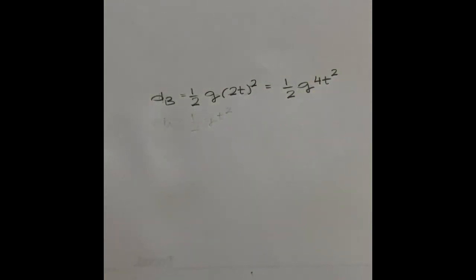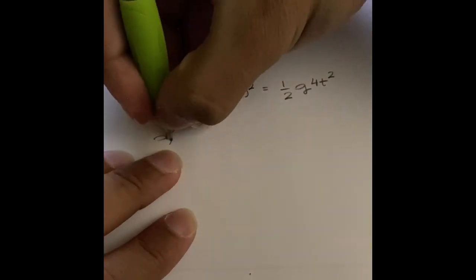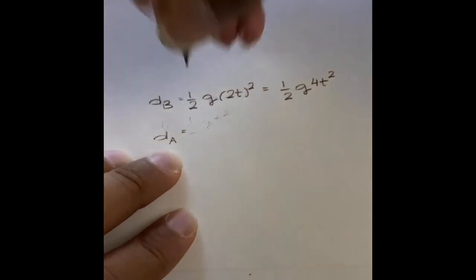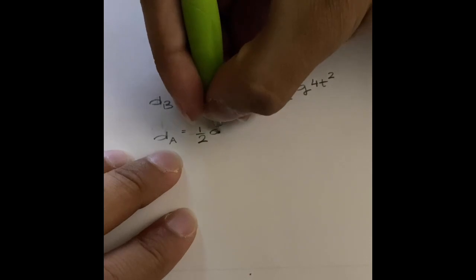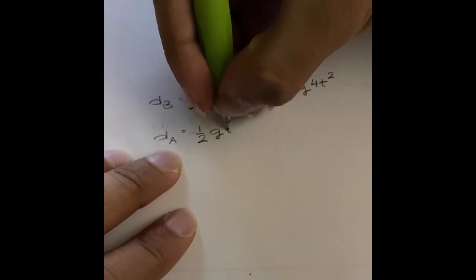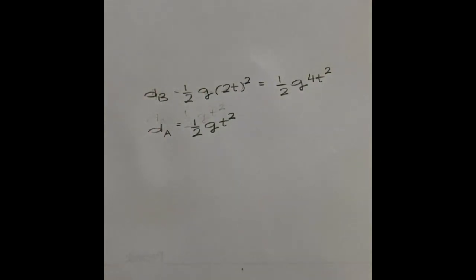Next, we can set dA equal to 1/2 gt squared. Next, we can divide dB by dA to find the ratio by which dB and dA are related.